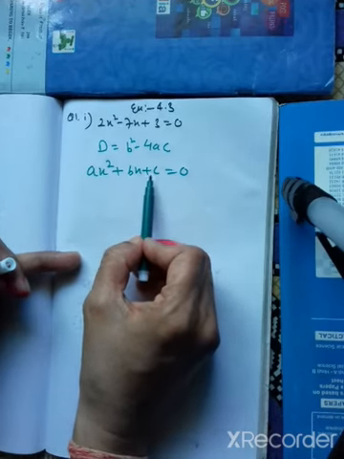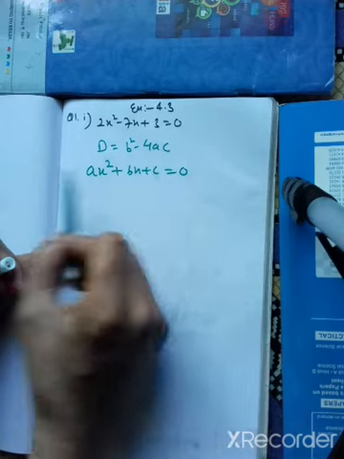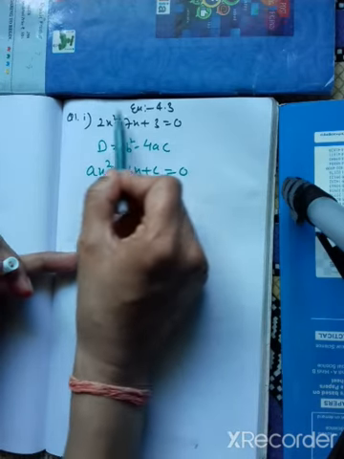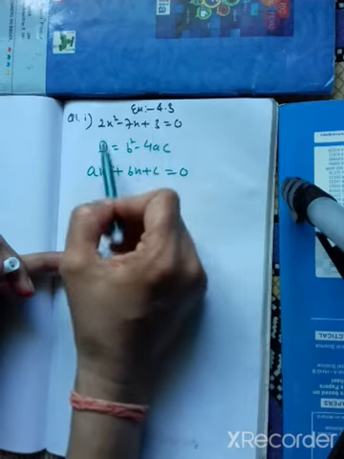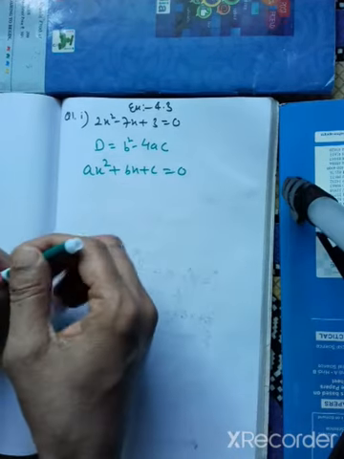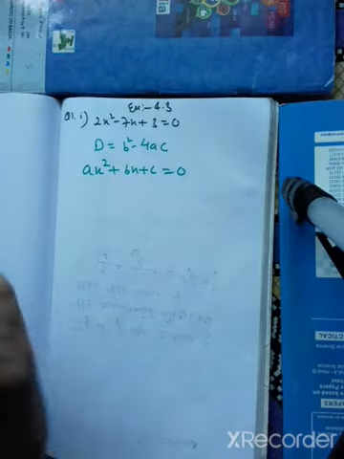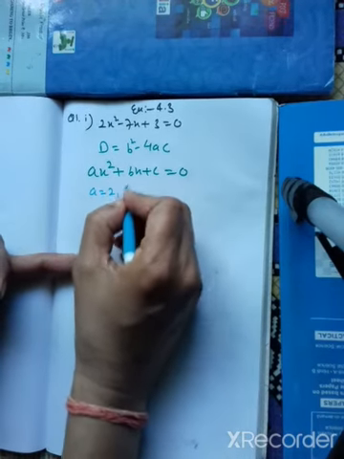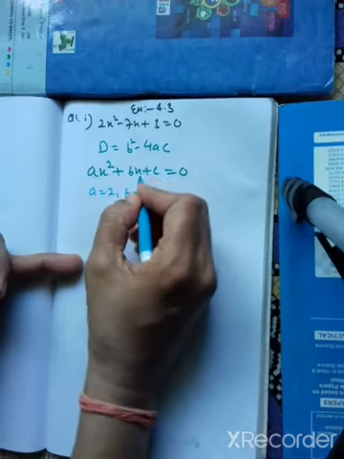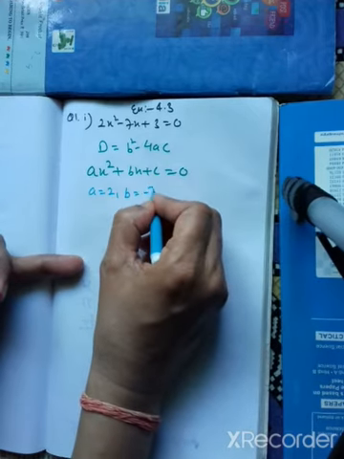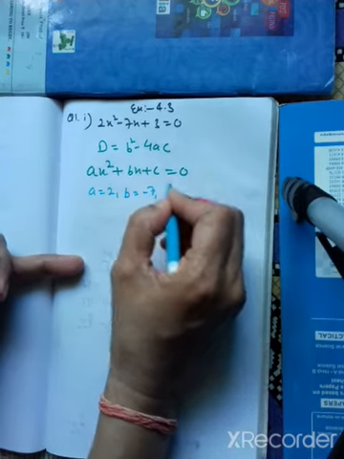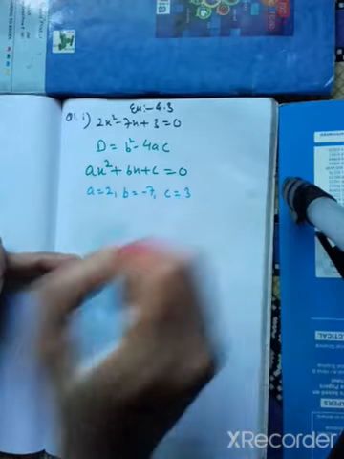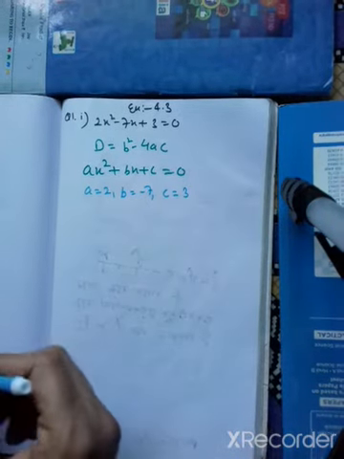When you compare this with the given quadratic equation, a is 2, b is the coefficient of x, that is minus 7, and c is positive 3.